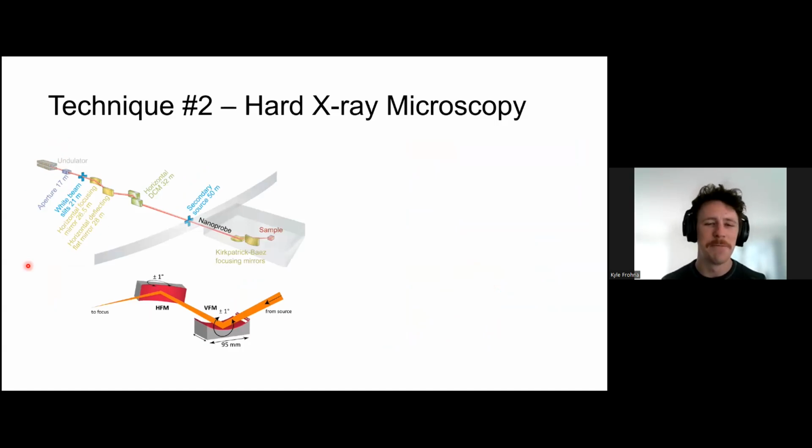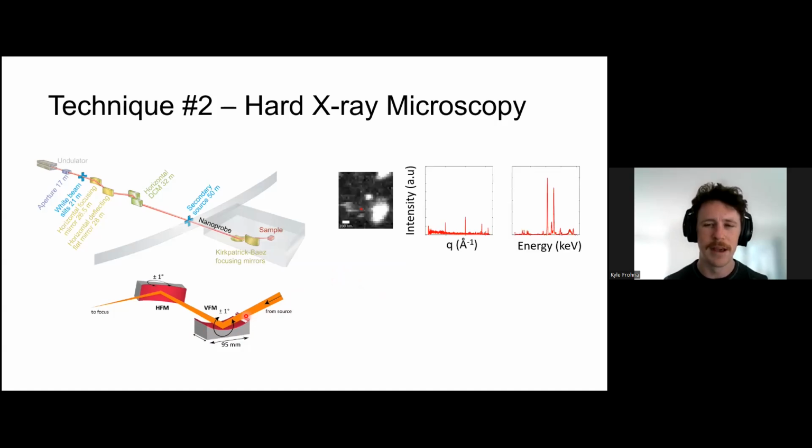And so you come in at an incredibly grazing incidence into these big parabolic shaped mirrors. Over tens of meters, you can focus the X-ray down to about 50 nanometers in size. That allows you, depending on the detector that you use, to create a map of either X-ray diffraction or X-ray fluorescence or both. And so you can produce a map of chemical and structural information about your device or your sample.